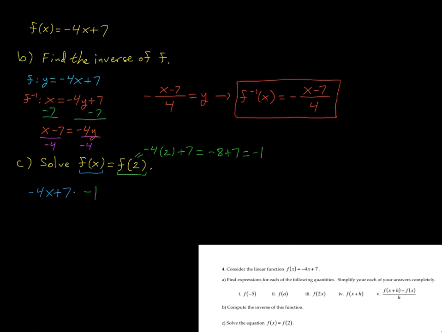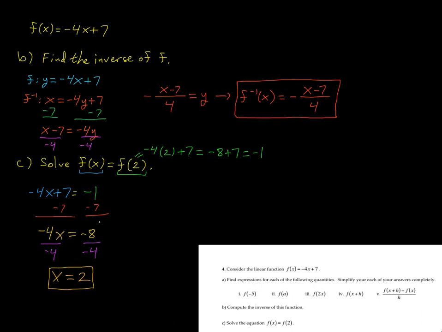All right, now let's solve this equation. I'll subtract 7 from both sides. That's going to give us -4x on the left and -8 on the right. To finish, we'll divide both sides by -4, and we get that x is equal to +2.